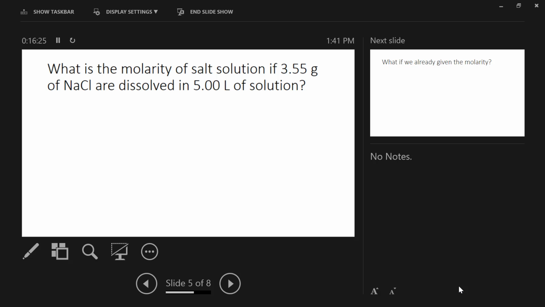We divide that by our molecular mass. What is our molecular mass of salt? We got that from our periodic table and doing some addition. 58.5 grams.